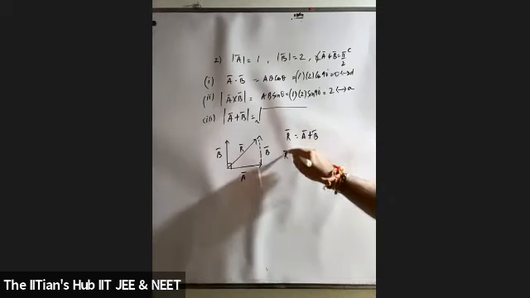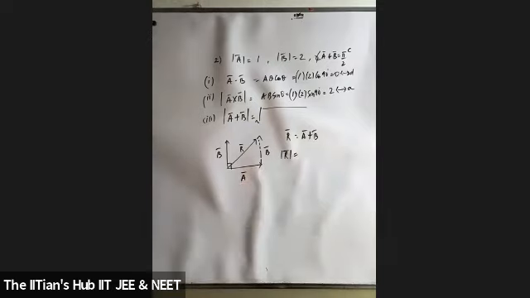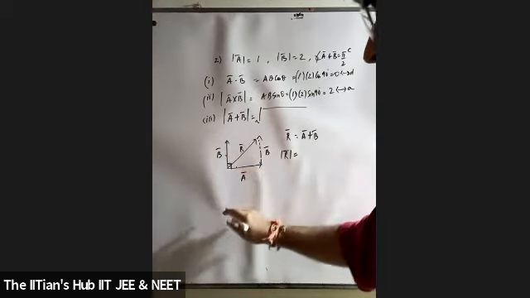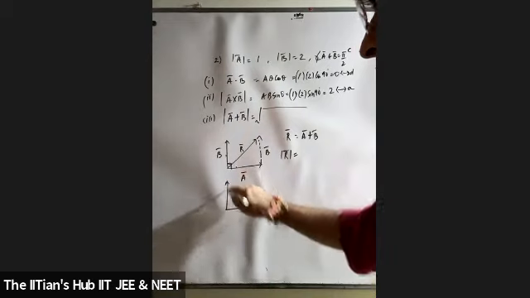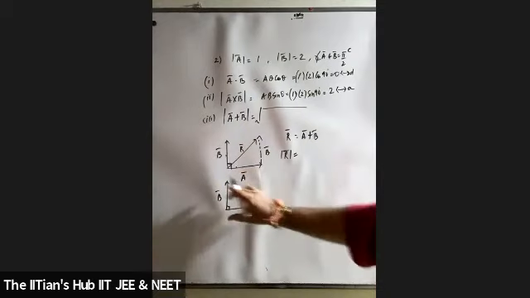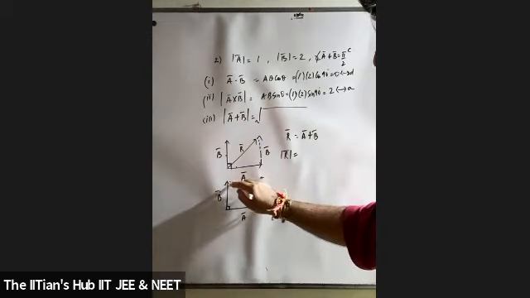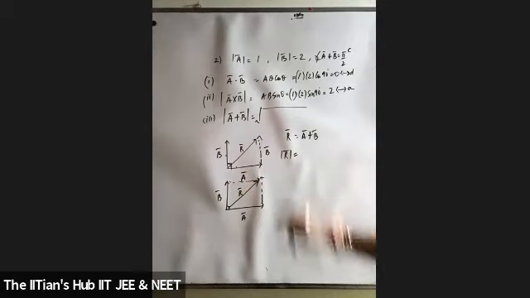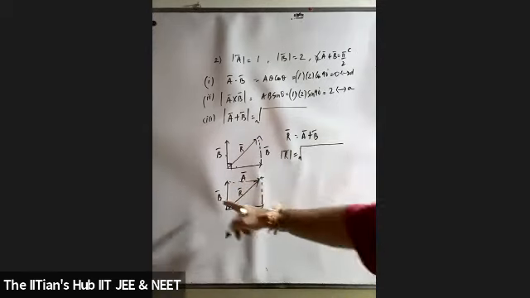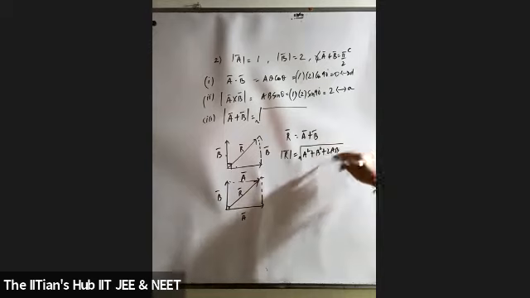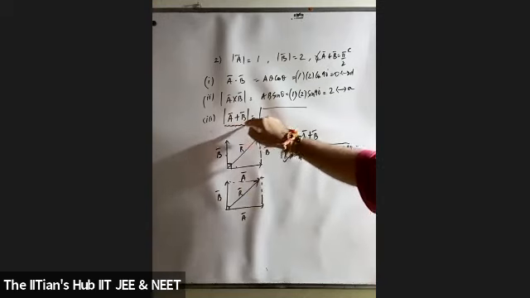Now, if somebody asks you, sir, can you get me the magnitude of the resultant? Why not? If you look at the magnitude, the angle between vector A and vector B will be 90 degrees. So the resultant is actually the diagonal of the parallelogram formed. Students, this is actually a rectangular lamina. So if I shift this vector here, this becomes my diagonal of the parallelogram. So how do you go for the resultant in magnitude? It will be under root A square plus B square plus 2AB cos of 90. This resultant is nothing but modulus of A plus B.